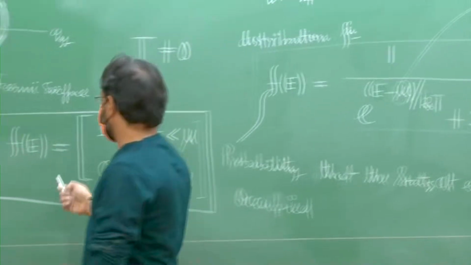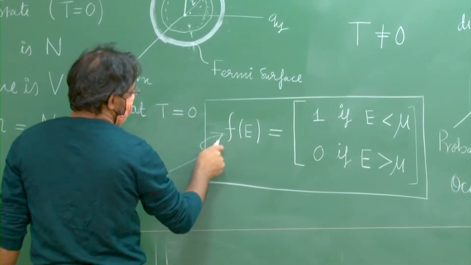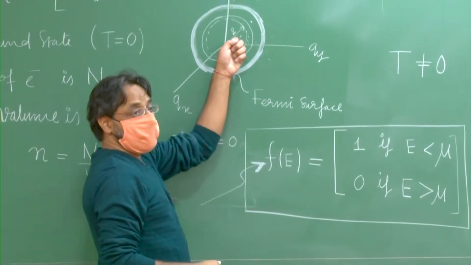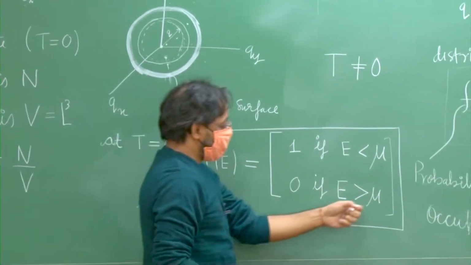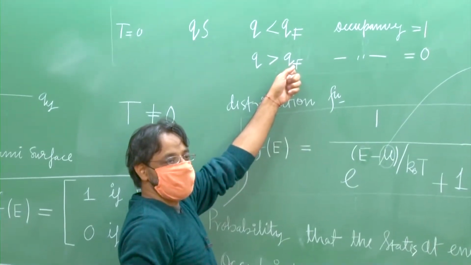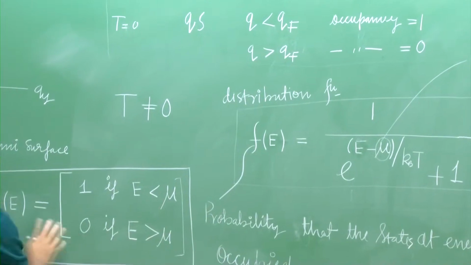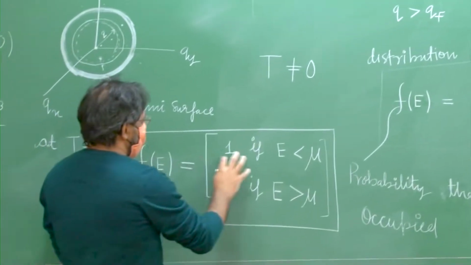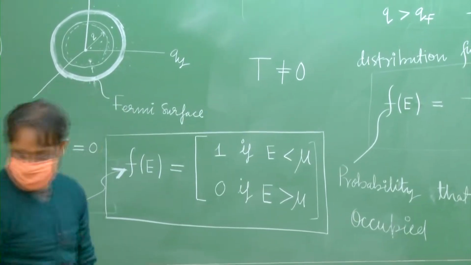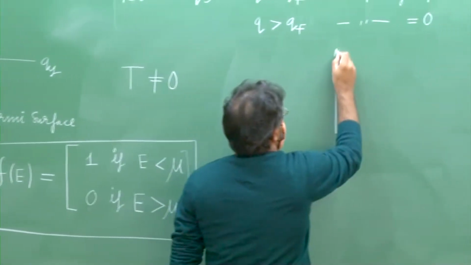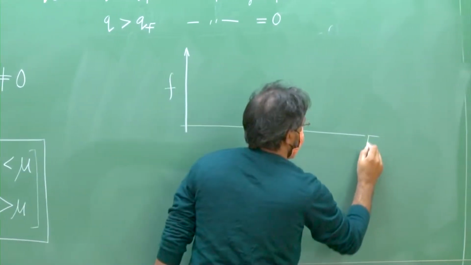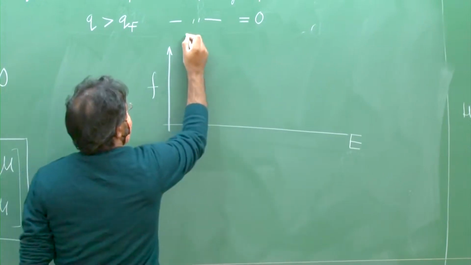So, that means if this function describes the probability of the quantum states being occupied or unoccupied, then at 0 temperature mu plays the same role as EF, the Fermi energy, because if the energy is greater than the Fermi energy, this function is 0. If the energy is less than the Fermi energy, then this function is 1, right. So, if you plot F against energy at t equal to 0, how will this look?